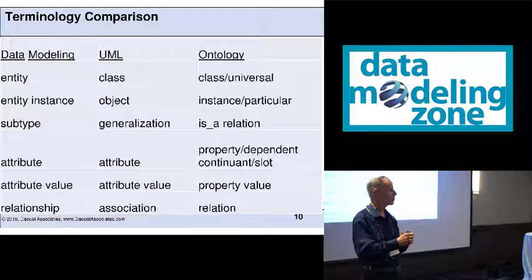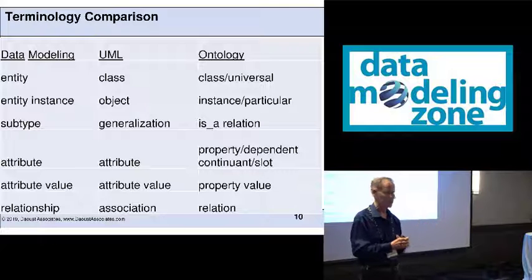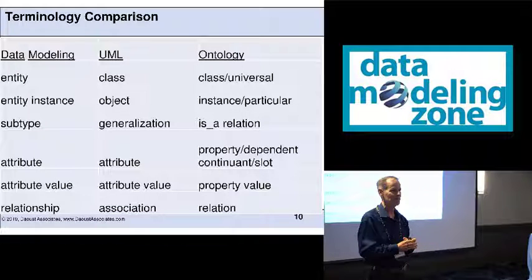We know about subtypes and supertypes. In UML, there's a generalization relationship, and in ontology, they call it an is-a relation. We know about attributes in data modeling. They're known as attributes in UML as well, and they're called properties or slots in ontologies.